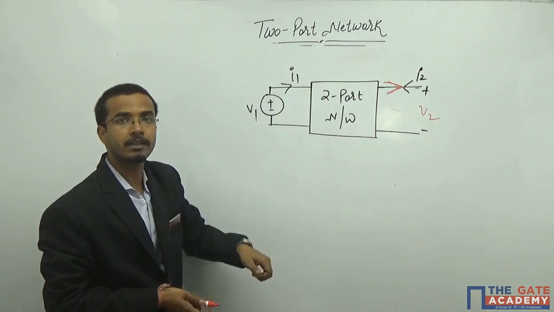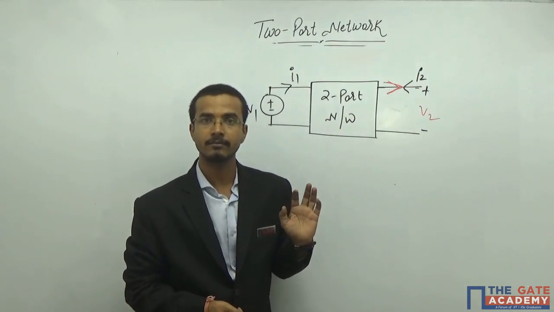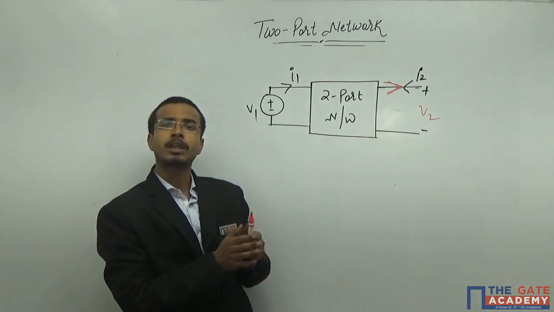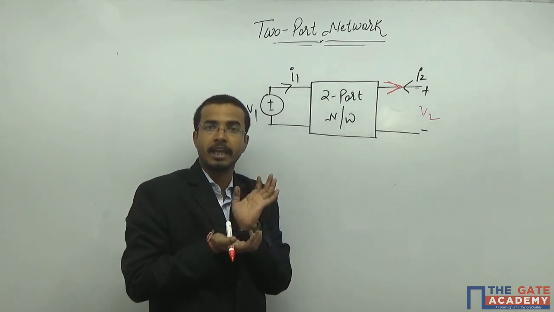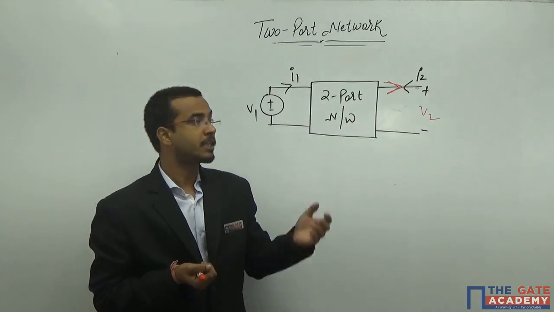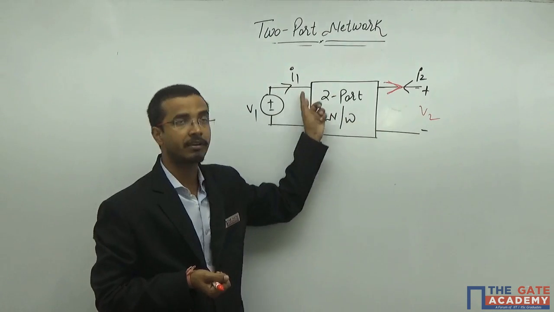That means I will represent this V1 and I1 as a function of V2 and I2. That means if I am sending something from my input side, whatever the thing I am getting at the output side, I will try to estimate my input again. Am I getting the same thing or not. That means this parameter basically will tell the transmission efficiency of this particular network.